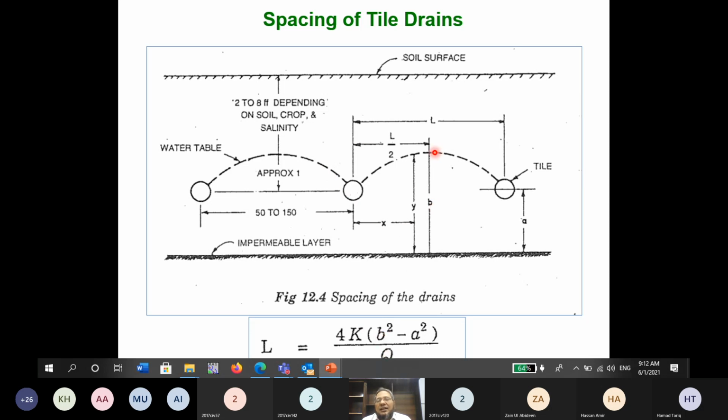B, as I discussed, is the vertical distance from the impermeable layer to the peak of the water table, and A is the vertical distance from the impermeable layer to the center of the tile drain. So using this equation, one can compute spacing.